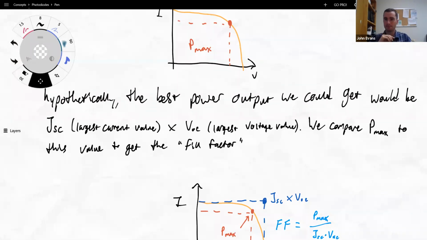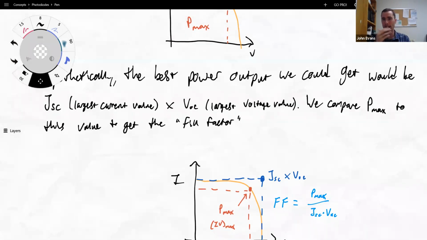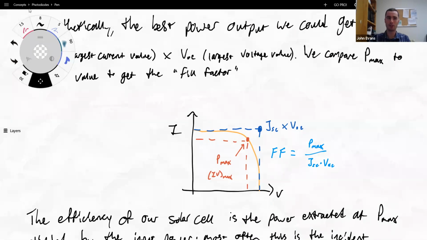And so what we do is we compare P max, wherever it may be on our curve, to this hypothetical maximum value to get what we call the fill factor. Think of it as the fraction of this hypothetical square that is filled.